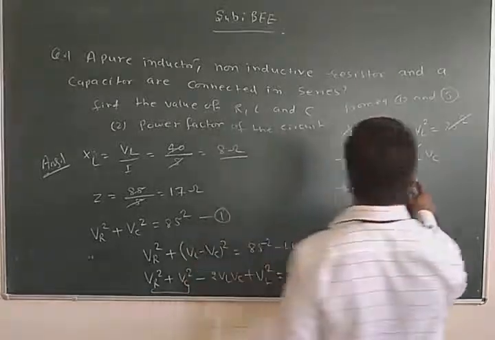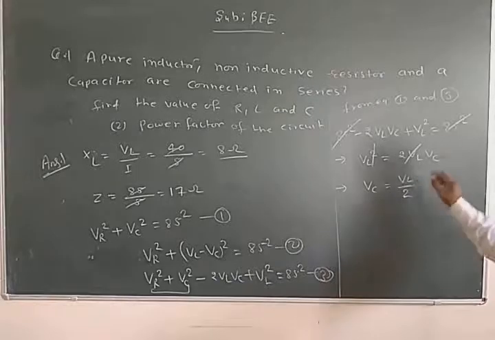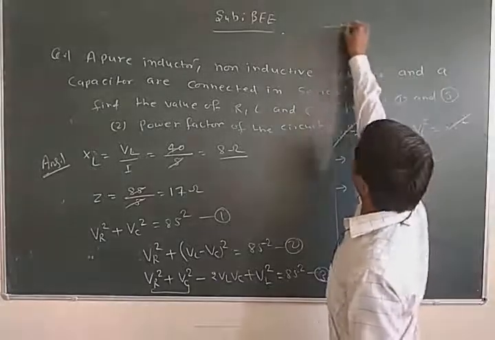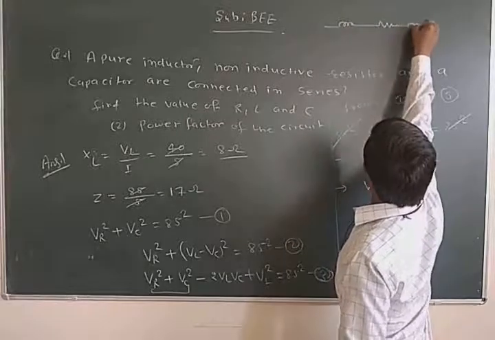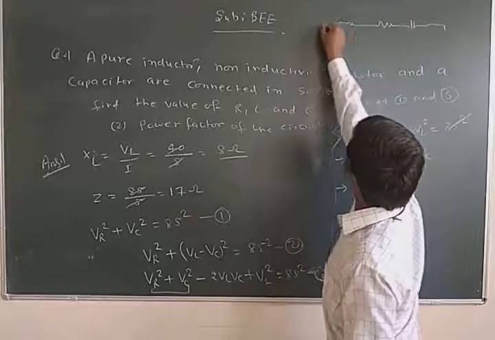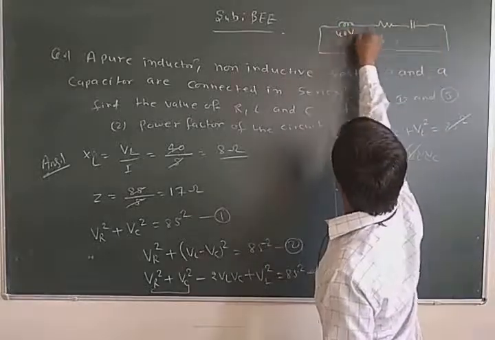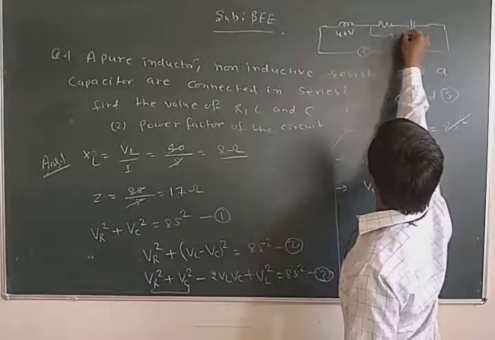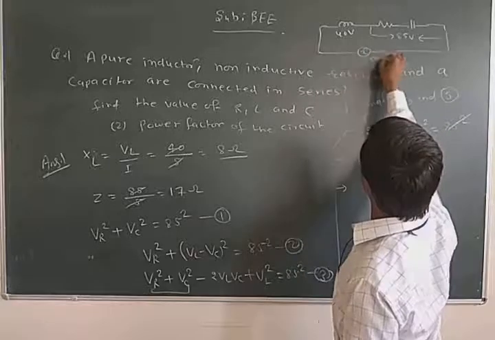And the value of VL, the voltage across the inductor, was given in the question. In the question, the voltage across the inductor was 40 volt, the supply is 85 volt, 50 hertz.